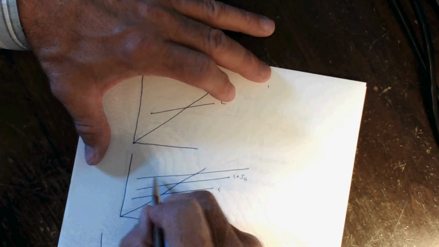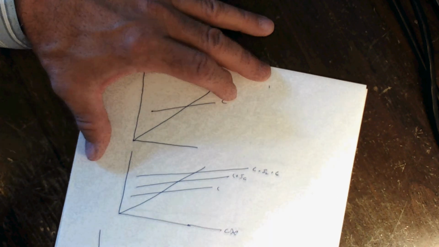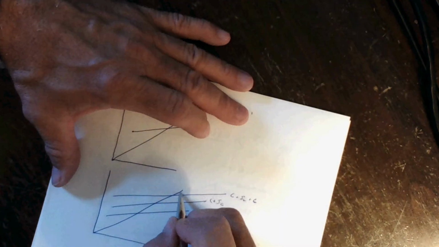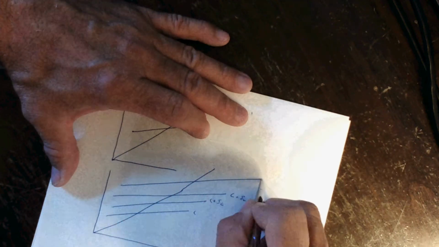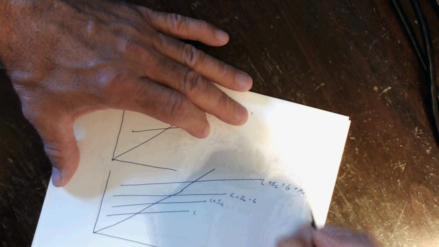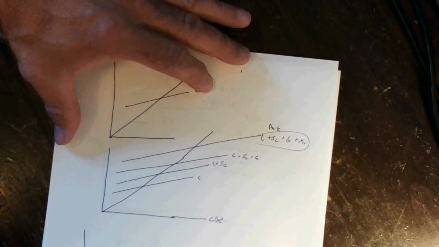A constant amount gives us a parallel line, C plus IG plus government spending. And now we're going to take a constant amount of XN with respect to GDP and add that in. And now we have all four of our variables in the model consolidated into one aggregate expenditures line.